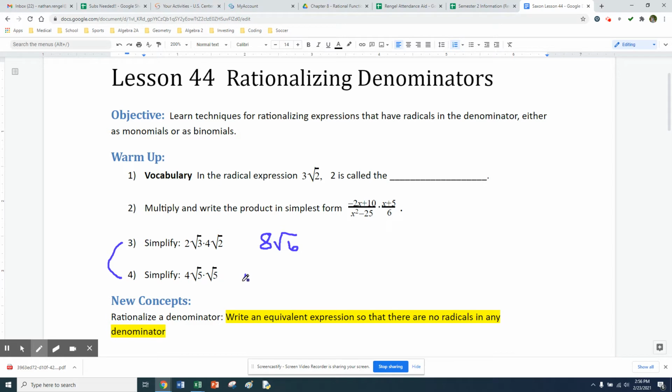On to problem 2, we'd have 4 times, there's no other number, and then square root of 5 times square root of 5 is the square root of 25. But something unique happens here. If we multiply square root of 5 times square root of 5, we get square root of 25, which is just 5, because that now is a perfect square. And then 4 times 5 is 20.